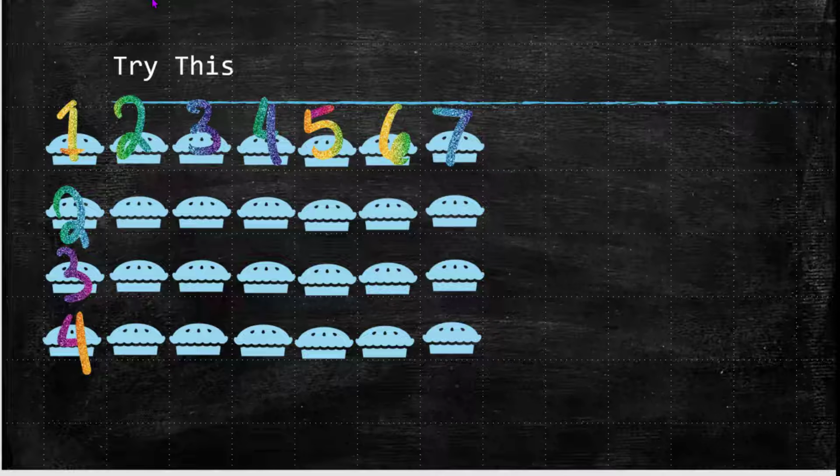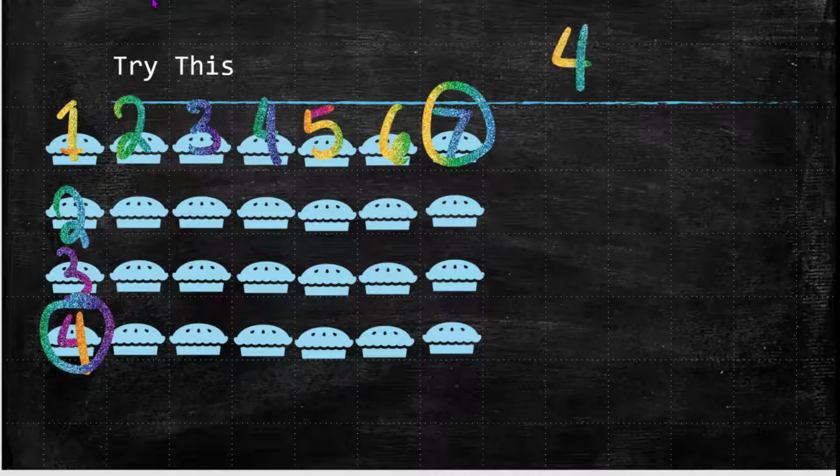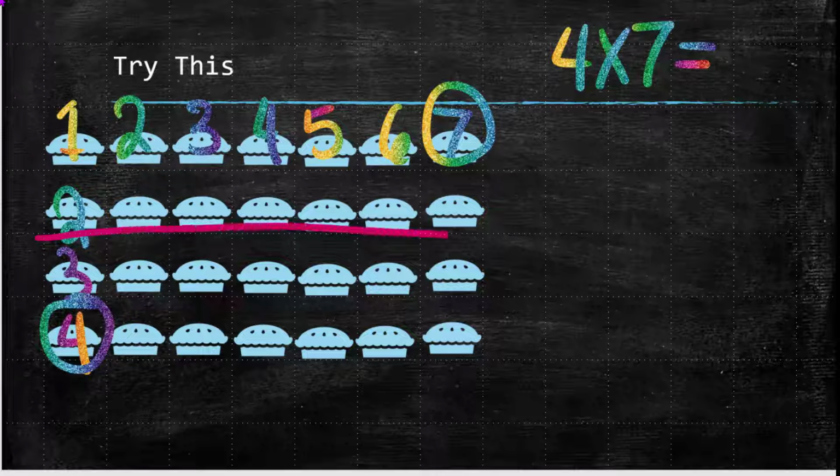Perfect. So now my factors are 4 and 7, so that's 4 times 7. Don't know what the answer is quite yet, but I'm going to take this opportunity to split my array apart into halves.